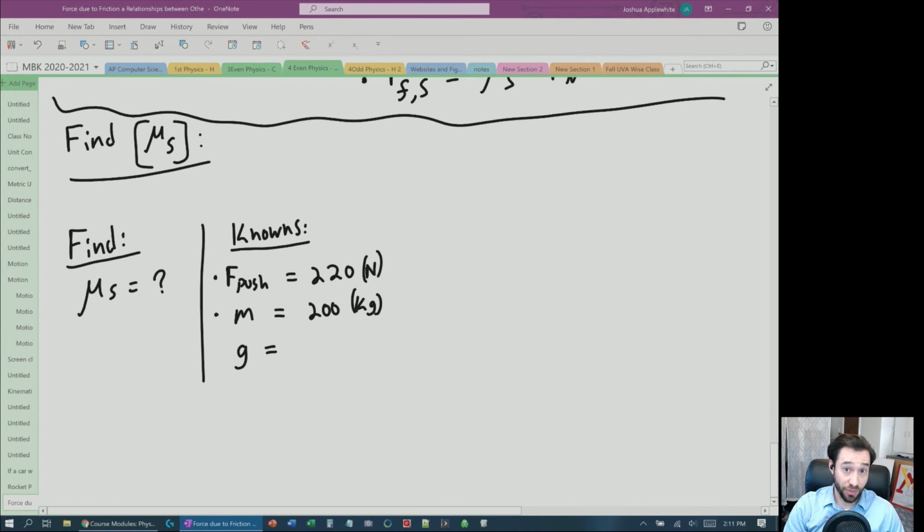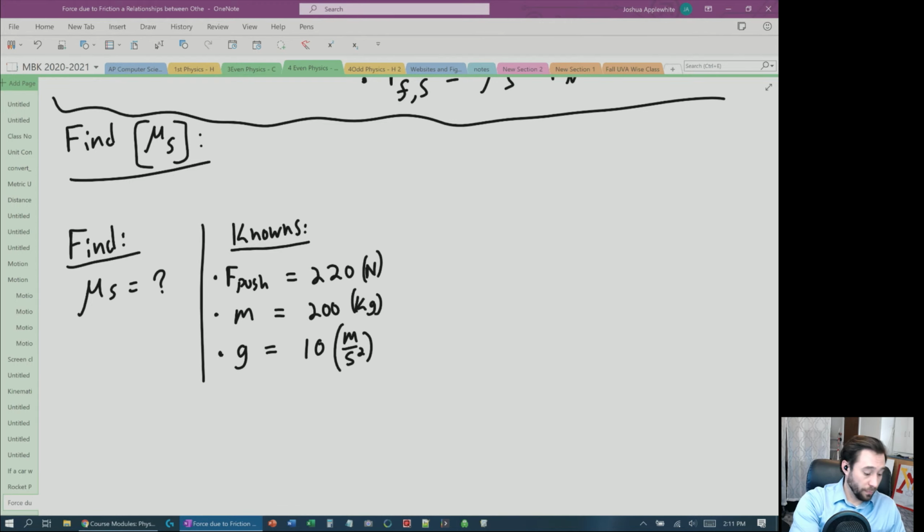In my class, just to keep the math simple, I use 10 meters per second squared. The units make it an acceleration, and it's technically 9.81, but we want to keep the math easy. I want to make sure you understand the concepts.